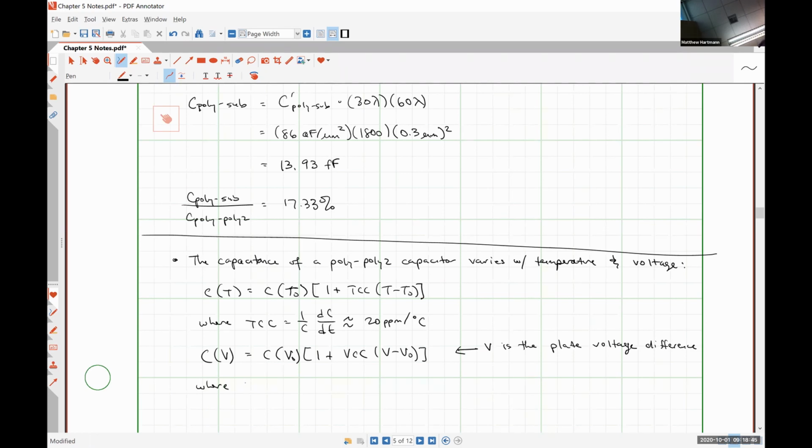Where VCC is 1 over C dC dV, is about 10 parts per million per volt.